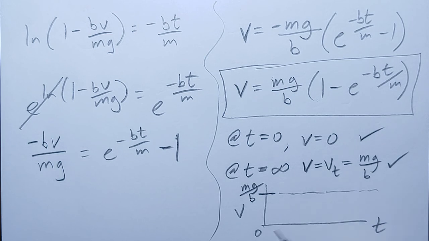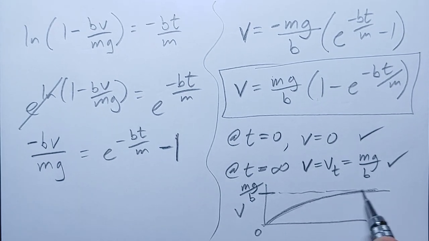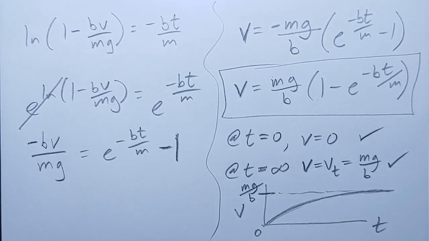And if you plug this into your graphing calculator, think about what it's going to look like, it will indeed do exactly that. And so that has to be the correct expression.